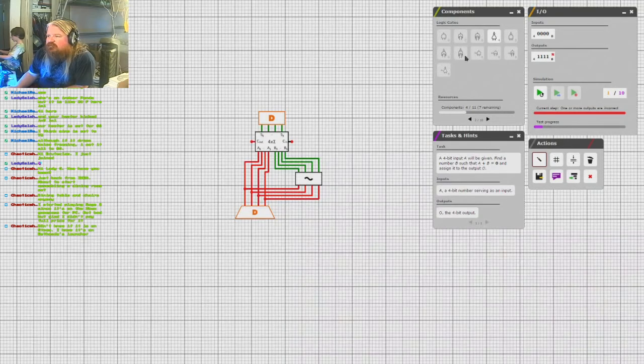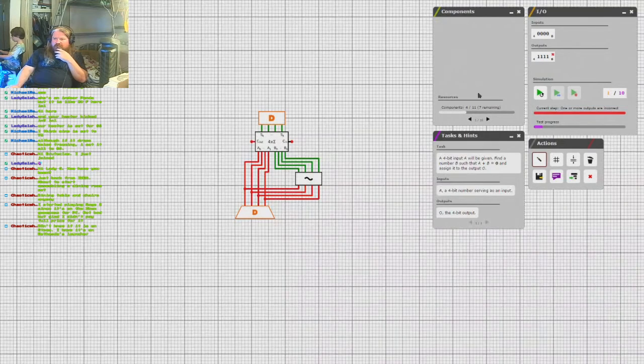See, it won't give me any OR gates, and that's how I would do this. I would do a 4-bit wide OR gate, and if I tie that high, this would work, but the next step won't.